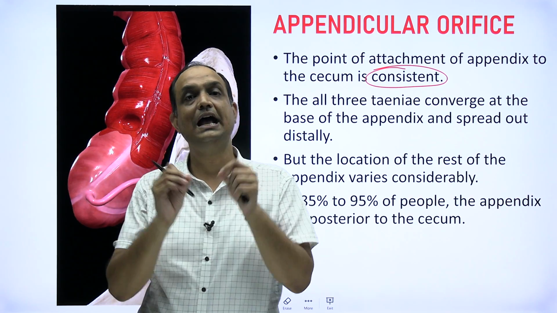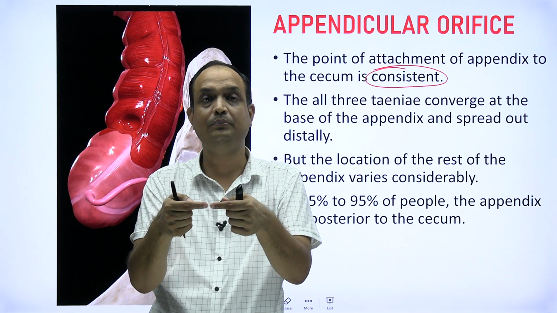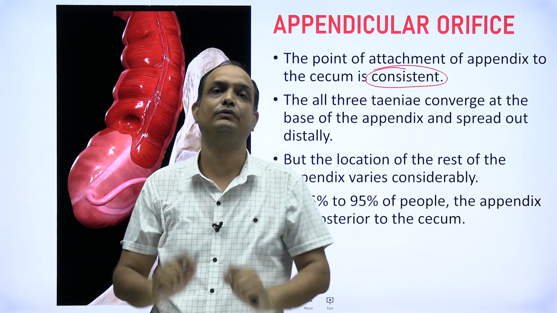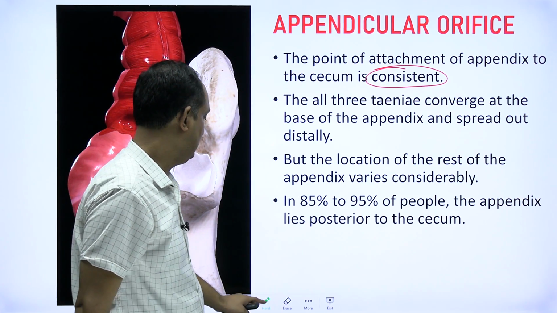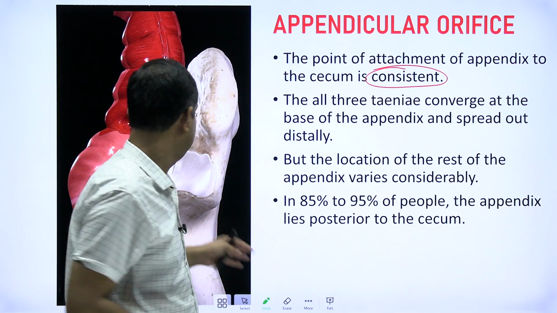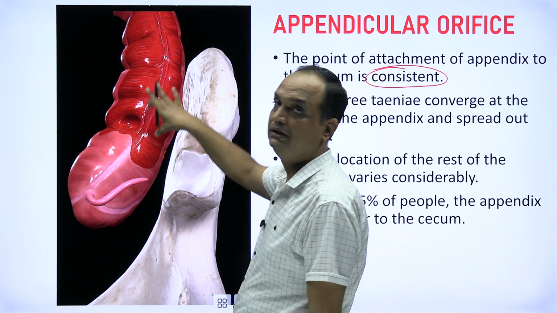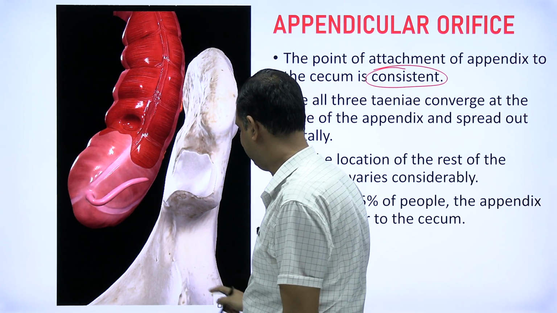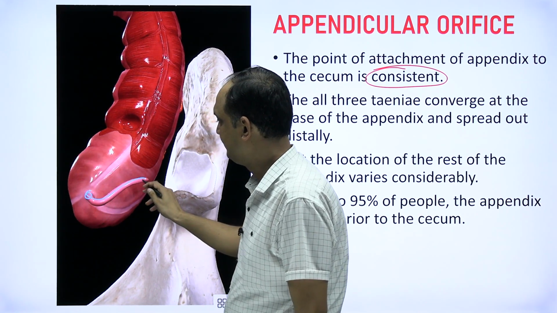The surgeon has to follow the tinea, and all three teniae meet at the base of the appendix. This is a very commonly asked question: at what point do all three teniae meet? In this image, we are seeing from the posteromedial side of the colon, and you can see this is the attachment of the base of the appendix.